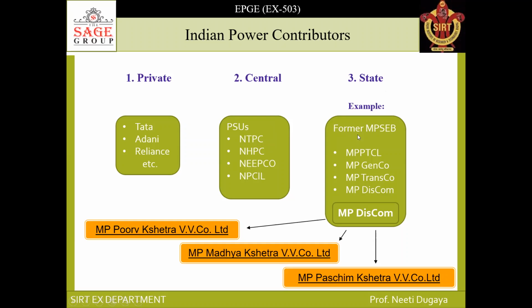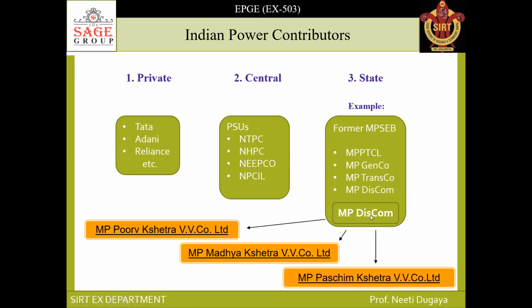in Madhya Pradesh, we have various State Electricity Board contributions. Formerly it was MPSEB, the Madhya Pradesh State Electricity Board. The MPSEB was divided into 4 parts 10 years ago: MPPTCL, Madhya Pradesh Power Transmission Corporation Limited, then Madhya Pradesh Generation Corporation Limited, then Madhya Pradesh Transmission Corporation Limited, and Madhya Pradesh DISCOM.